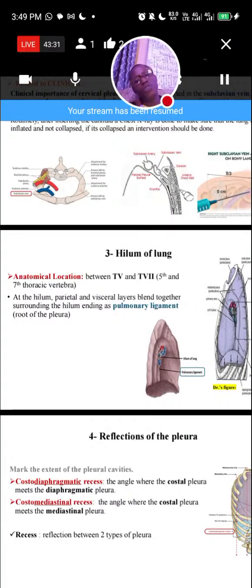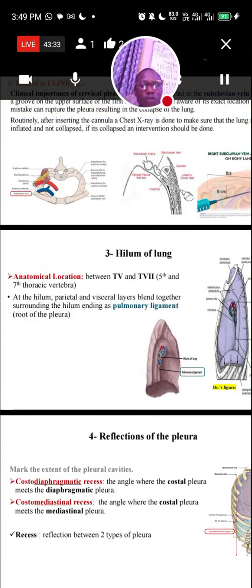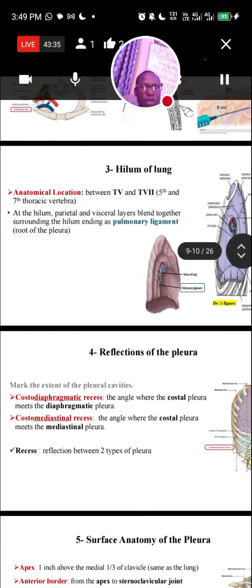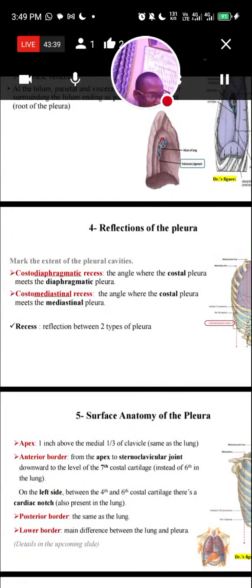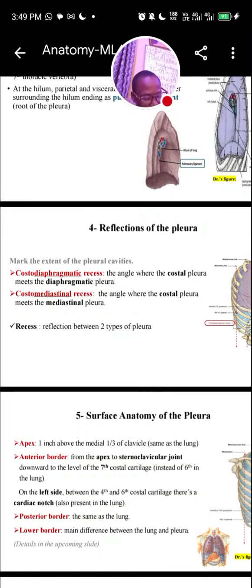All right, we'll move on to reflections of the pleura. In these reflections of the pleura, we have the extent of the pleural cavity. So you have to mark the extent of the pleural cavity.